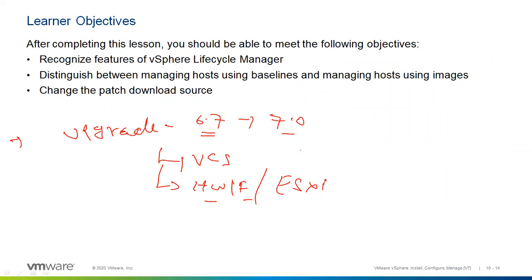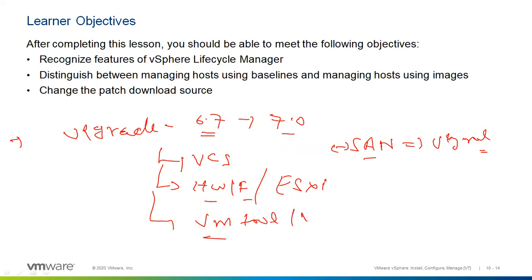And also if you are using external SAN, if on the target storage there is some compatibility firmware or patch required, tell them to upgrade that as well. Okay. And then if you want to upgrade your VM tools and virtual machine hardware version, then you have to. So you have to follow this sequence.